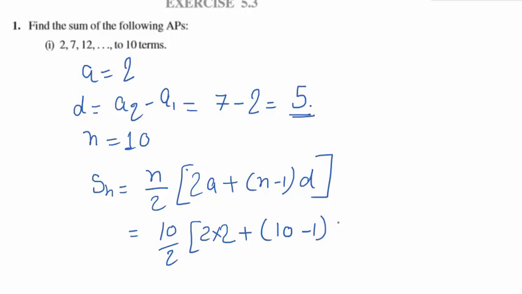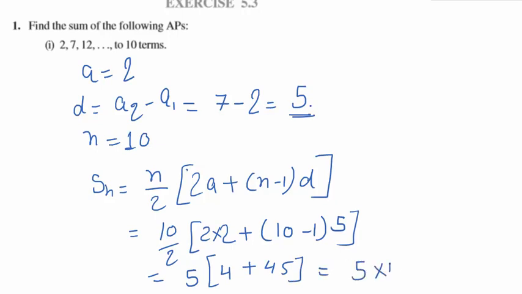Here d is 5. Now solve. This will become 5 into 2 into 2, 4, plus 10 minus 1, 9, and 9 5s are 45. So this will be 5 into 49.